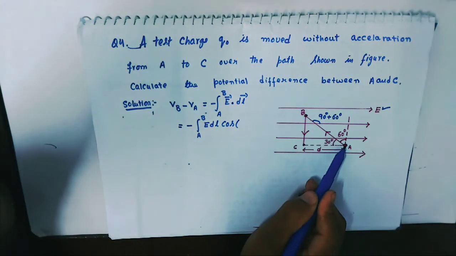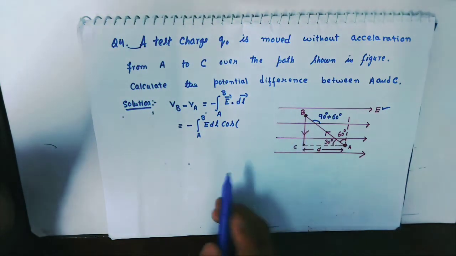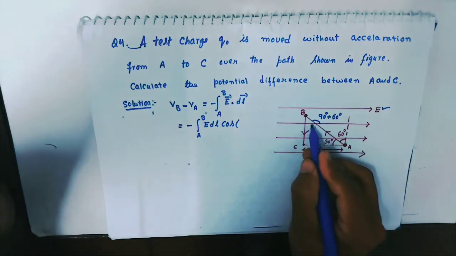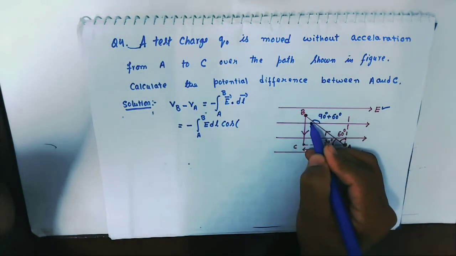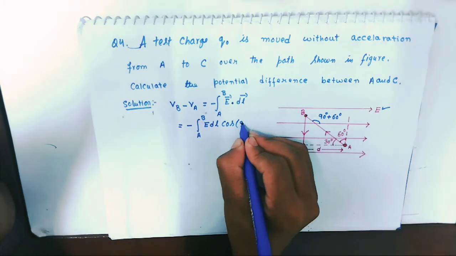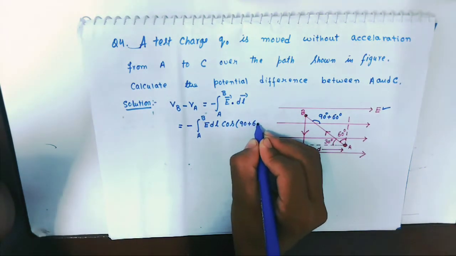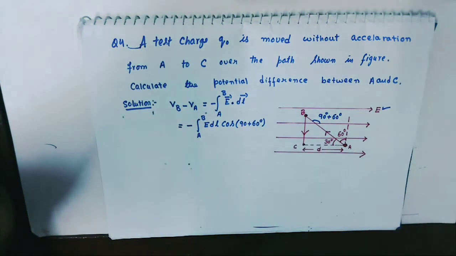Here we move a charge from A to B, so the angle between E and dl on AB is 90 plus 60 degrees.